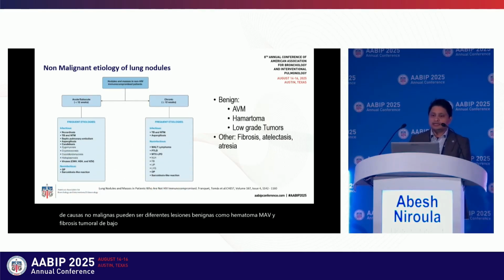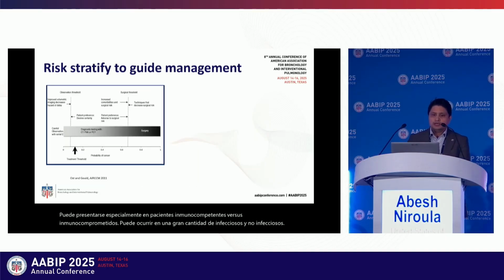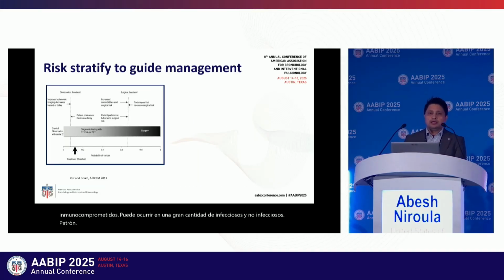But I think depending upon the clinical context, especially with the chronicity of how these nodules can present, especially in immunocompetent versus immunocompromised patients, they can occur in a whole host of infectious and non-infectious patterns. So stratifying them, not only to find malignant disease but also to classify benign, is really important.